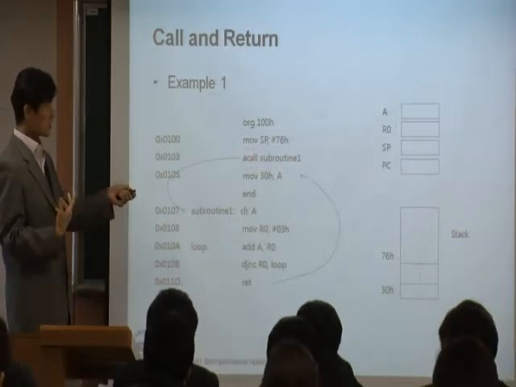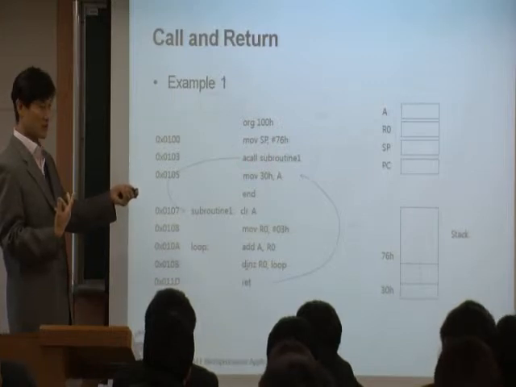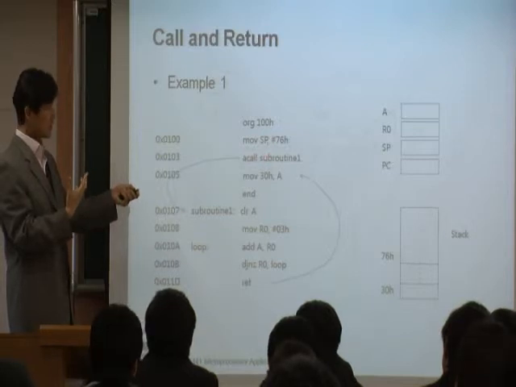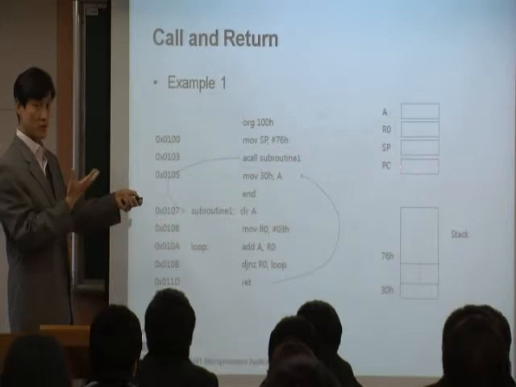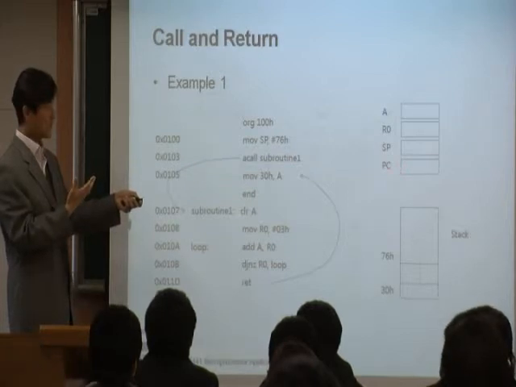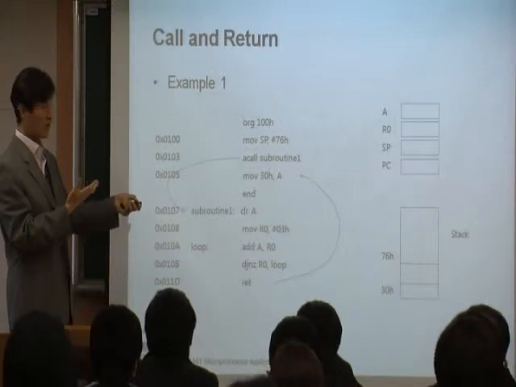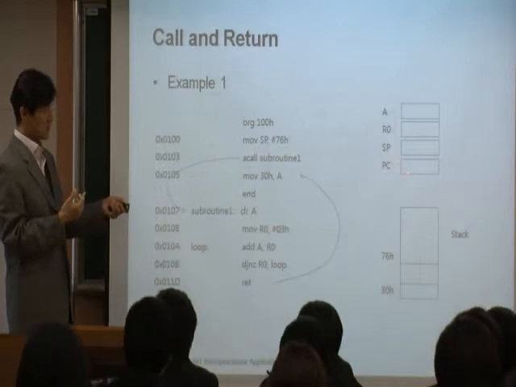Now this is a call instruction. So when you execute this call instruction, what the hardware does is copy the value in here, which is 105, into where? Tell me the address.